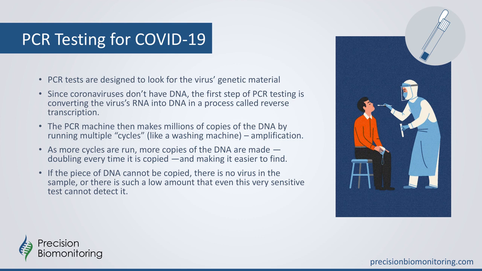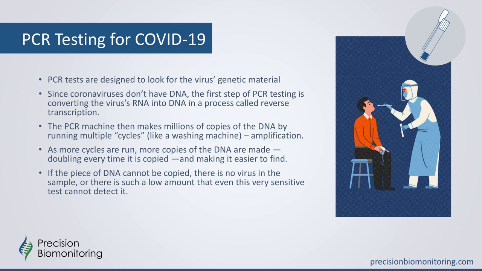The PCR machine, by means of heating and cooling over many cycles, like a washing machine might do, amplifies that target if it's present. As you have more cycles run, there are more copies of that DNA made.